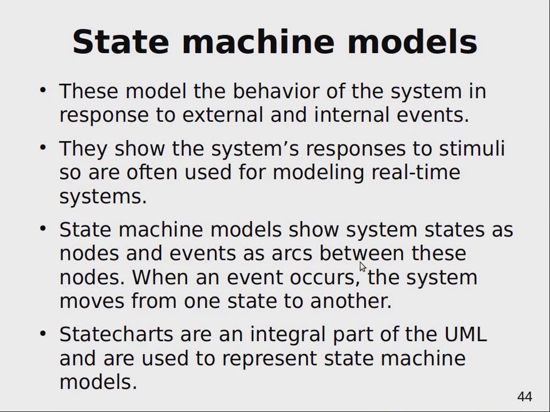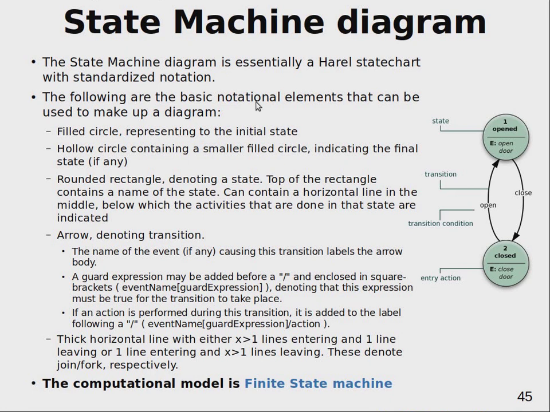And then there is a different notation, which actually is older than sequence diagram, called state machine diagram. State machine diagram is a graphical representation of a finite state machine, and finite state machine is the oldest model of how to describe discrete systems.